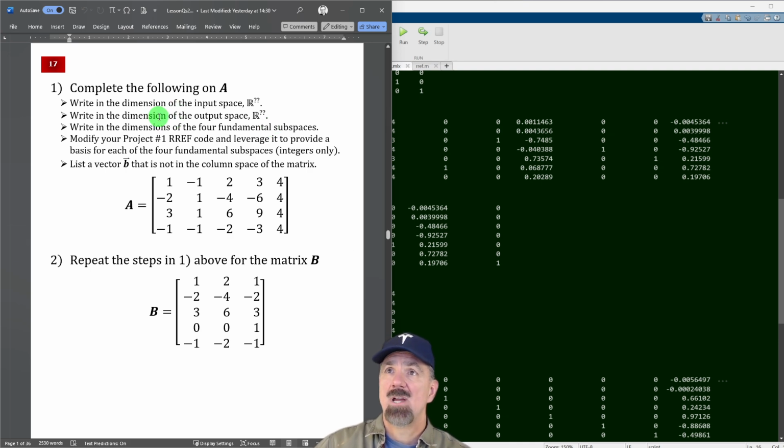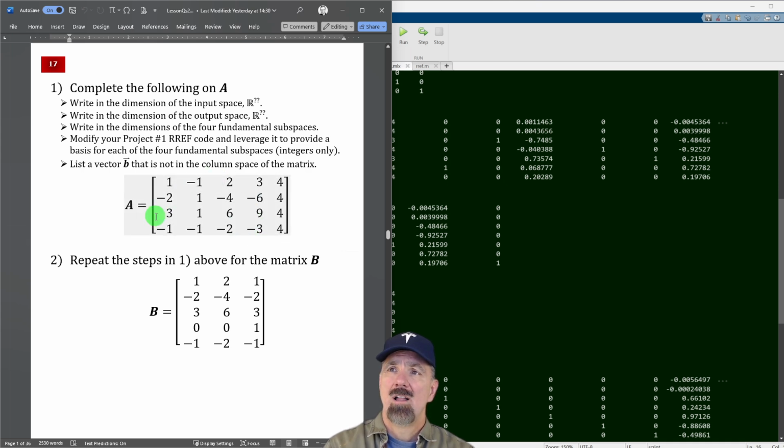You're going to write down the dimensions, and then you're going to modify your Project One RREF code so that it will run on the A matrix, but you're going to augment an identity matrix in there so that you can capture the information about how the elimination is being done. And then from that, you'll be able to find the null space of A transpose.